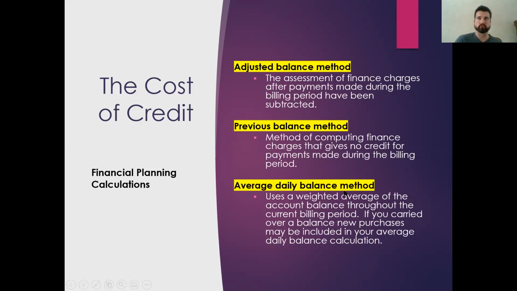If you have a line of credit, most banks look at how much you're using each day and then charge you based on that for the billing cycle. The previous balance method doesn't give credit for payments made during the billing period. They just look at how much you had outstanding at the original date and don't take into consideration that your outstanding balance has dropped during the billing cycle from payments being made.